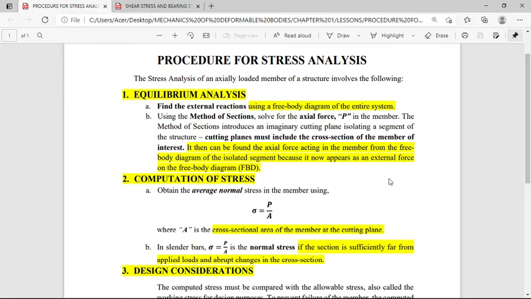Okay? So, kapag nga naman biniyak mo siya or sinection mo na yung material, in that manner, lalitaw ngayon itong si internal load na nasa loob ni material or ni solid material. So, in that manner, you can now consider the member of interest as the free body diagram for your problem.